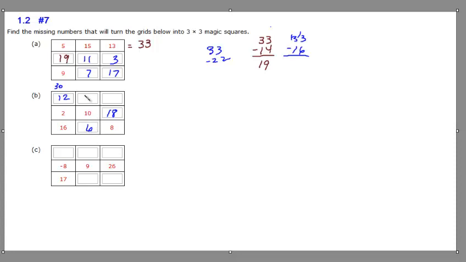If you're 16, you would need to be a 14. I don't have any violators yet, do I? Nothing's been repeated. Right, so that's 26. 26, that would need to be a 4. I wonder if that works. 18 and 8 are 26. Add 4. Oh, that was a winner really easy, wasn't it?